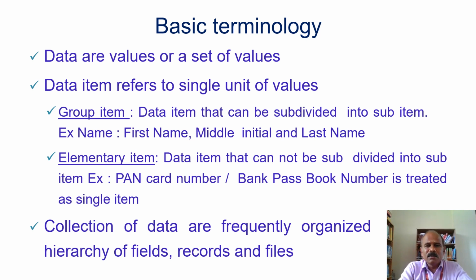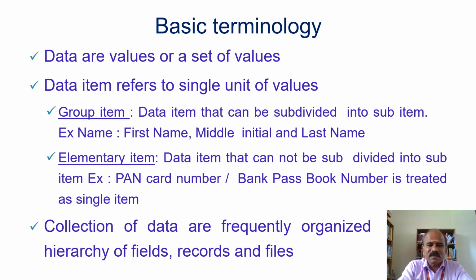They are the building blocks of some information. Let's go back to that previous example. The name can be perceived as three different sub items: first name, middle name, last name. Can you divide the first name? No, you cannot. So in that way, first name can be called an elementary data item. Hope you understand, right? Okay.